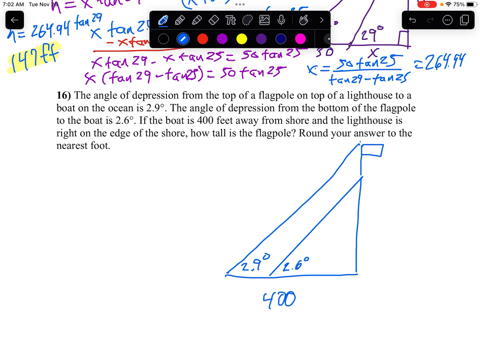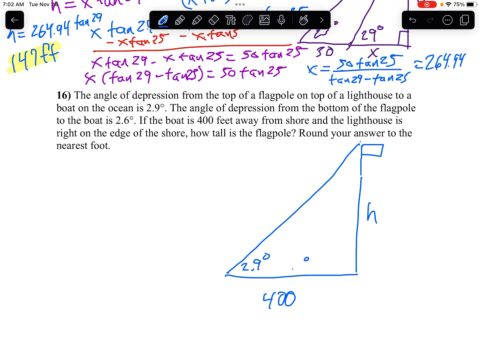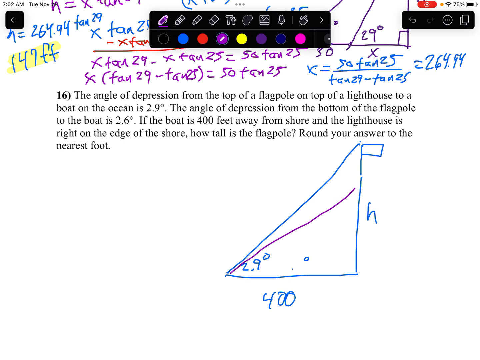And we want to find the height, which is h. Oh, I didn't draw it right, that's why. Sorry about that. Let's redo that. We actually have to have two different colors because we're going from the same point. So this is 400, okay? And this is 2.6.